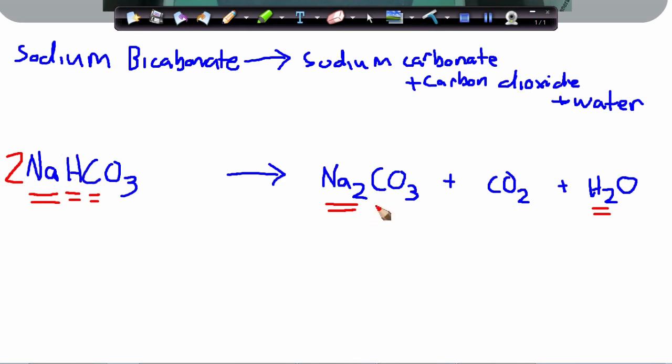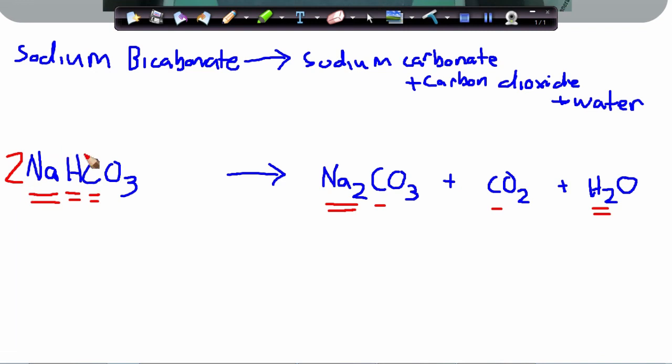All right, over here I've only got 1 there, and I've got 1 there, so that's fine, that's good. 2 carbons here, and we've got 1 there and 1 there, so together those make up 2 on this side of the equation. So they don't have to stay together as long as we've got the same number on each side of the equation.